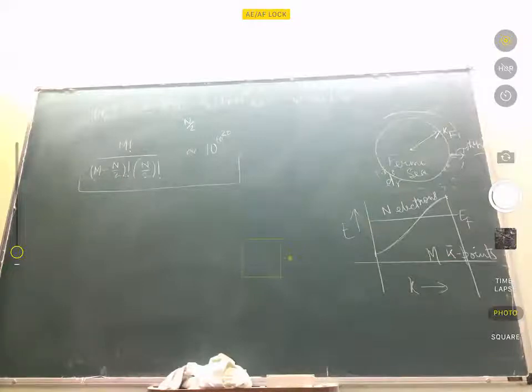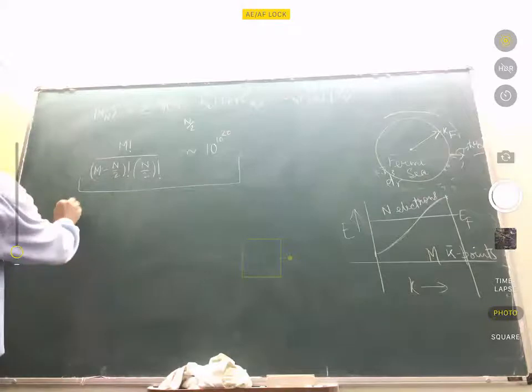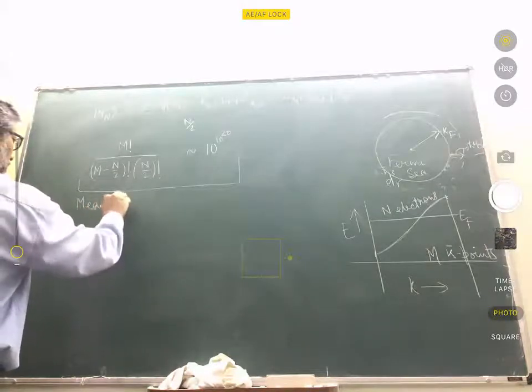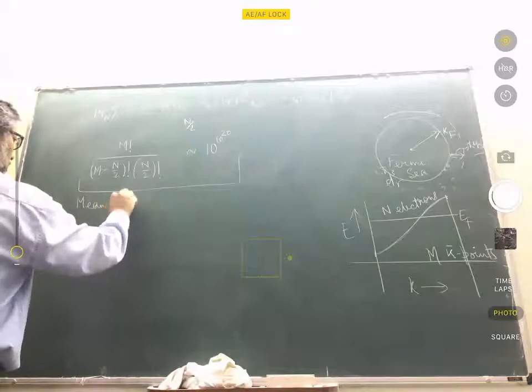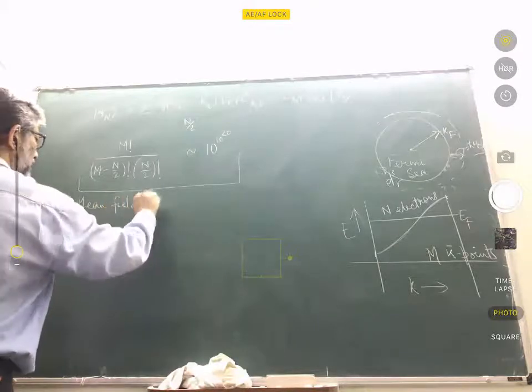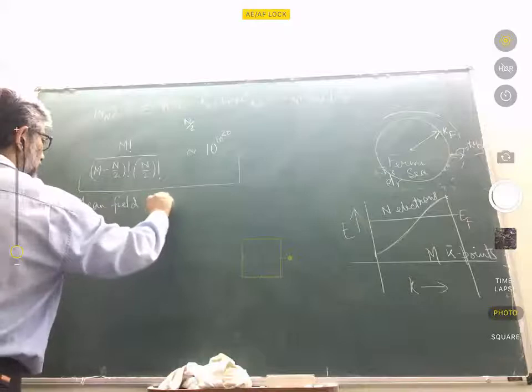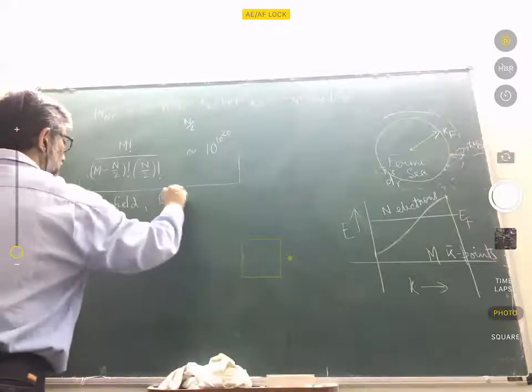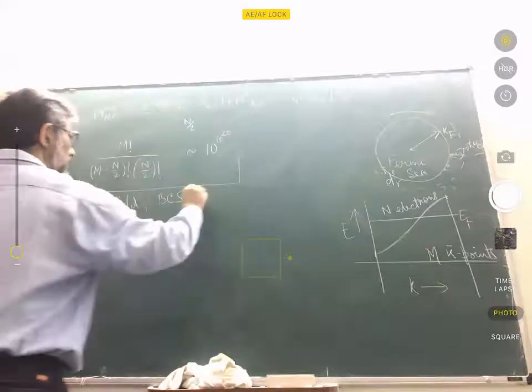So you essentially get the average quantities right. So the BCS mean field wave function is written this way.